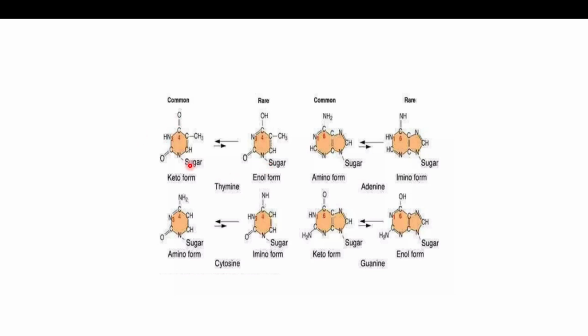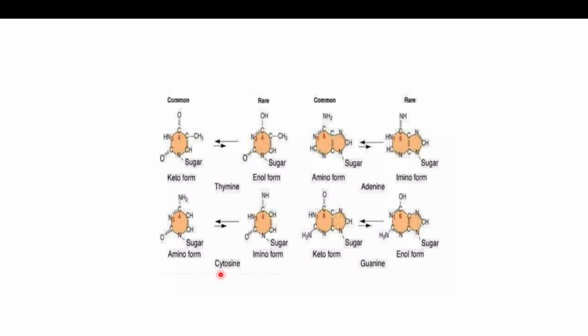Although this is the most common form, the keto form. Again, in case of adenine, you have this commonly predominant form, which is the amino form. However, the rare form is again the imino form, where this single bonded NH2 here becomes double bonded.